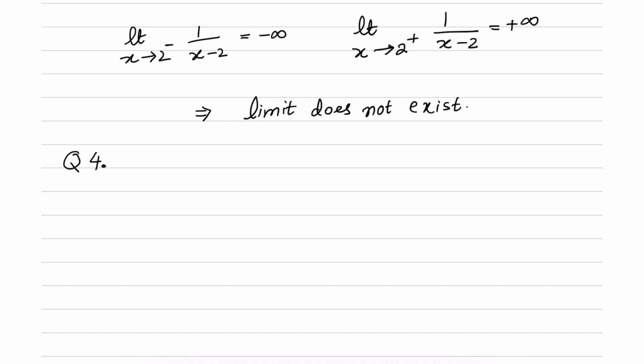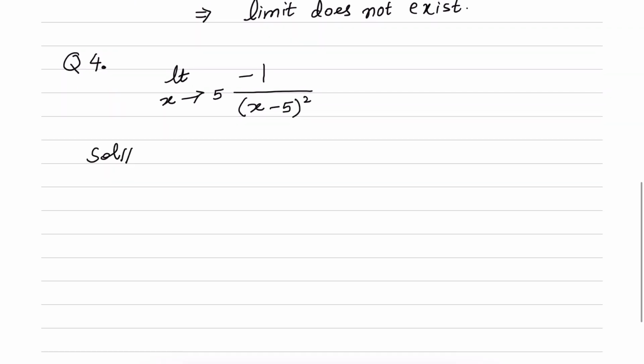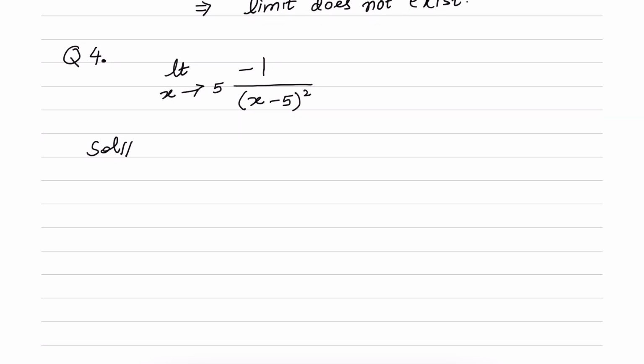Let's look at another question. In this question, we are going to find the limit x approaching to 5 for a function minus 1 over x minus 5 whole square. Let's begin finding the solution. We know that every question of the limit is started by directly plugging in the number.